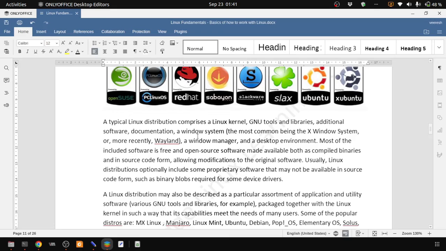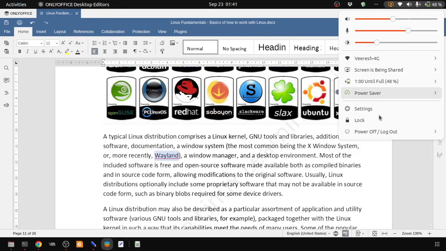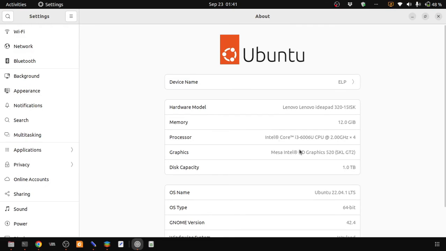A typical Linux distribution comprises a Linux kernel, GNU tools and libraries, additional software, documentation, a windowing system, the most common being the X Window System or more recently Wayland. Okay, I think what it uses is Wayland. Sorry, I said GNOME 3. GNOME 3 is the GNOME version. GNOME is a desktop environment.